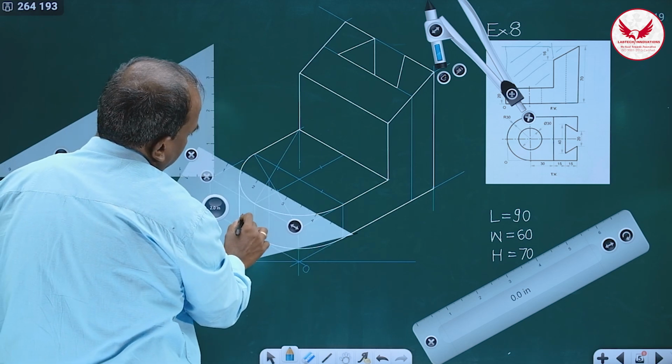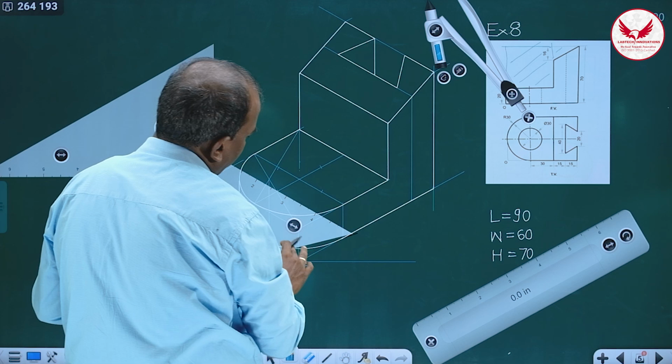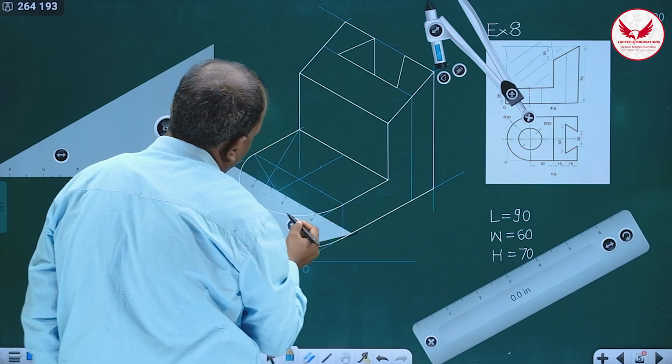Now this circle is in horizontal plane, means only the line parallel to width and parallel to length will be used.